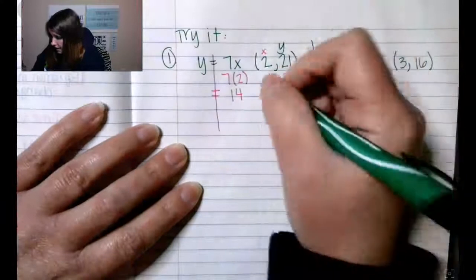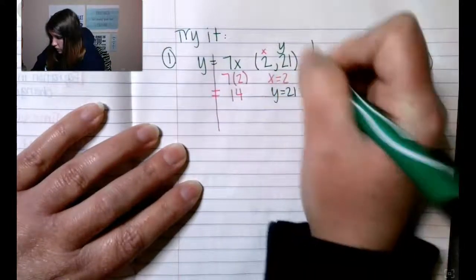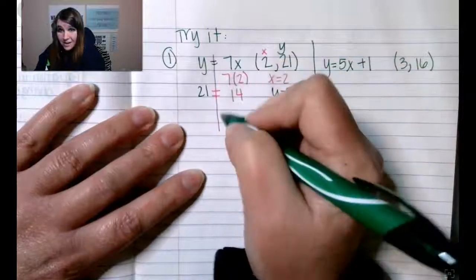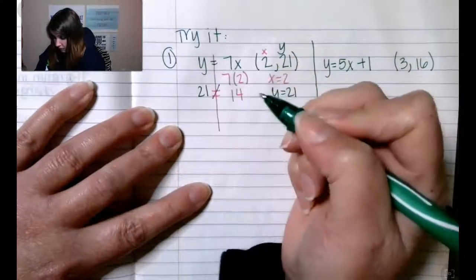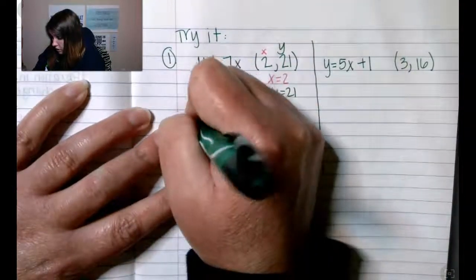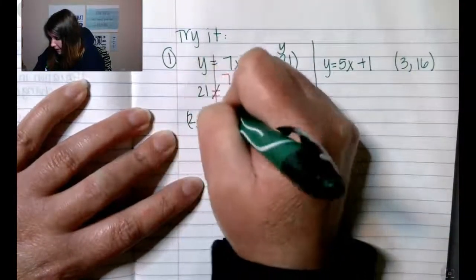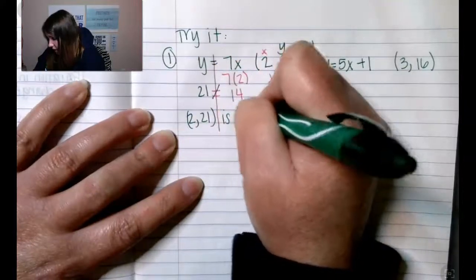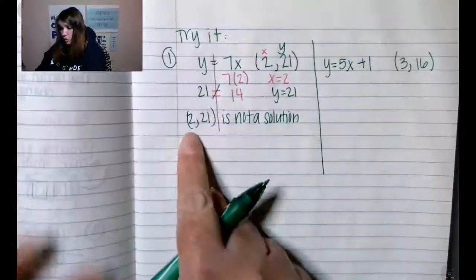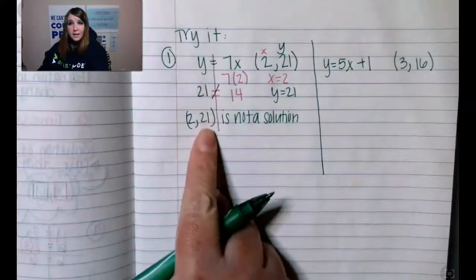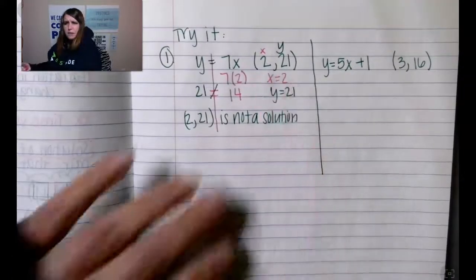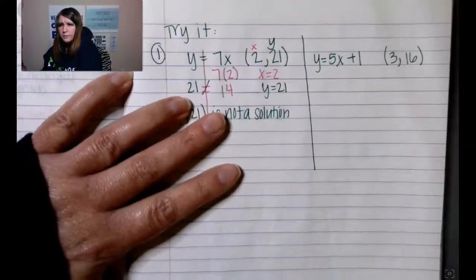So it said y equals 21 and y equals 21. 21 is not equal to 14. Just like that, slash it. So 2 comma 21 is not a solution to this equation. It is not a solution to this equation. Try again, folks. Try it again, buddy. Give us something better than that, something that actually works.